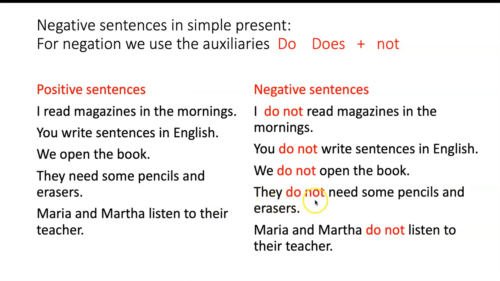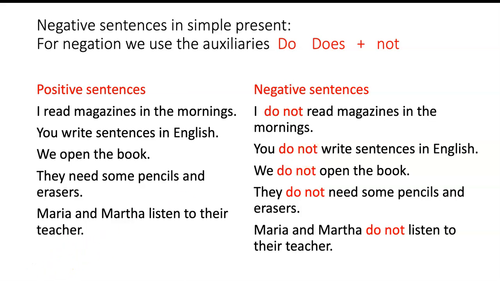They do not need some pencils and erasers. Maria and Marta listen to their teacher. Maria and Marta do not listen to their teacher. Okay? So you have here in positive and you have here in negative. You only added do not.